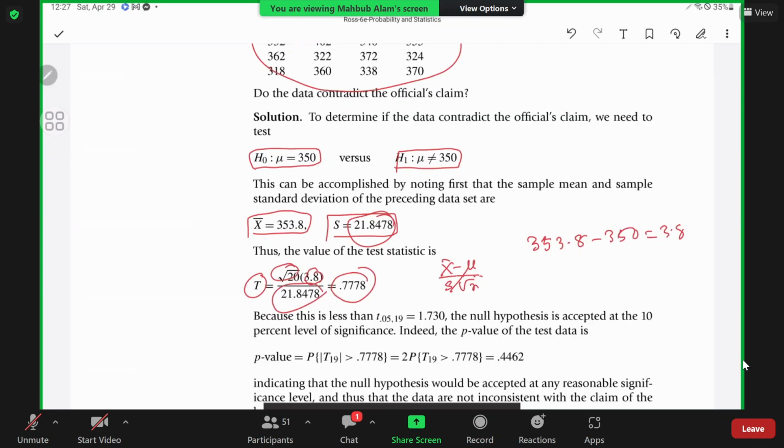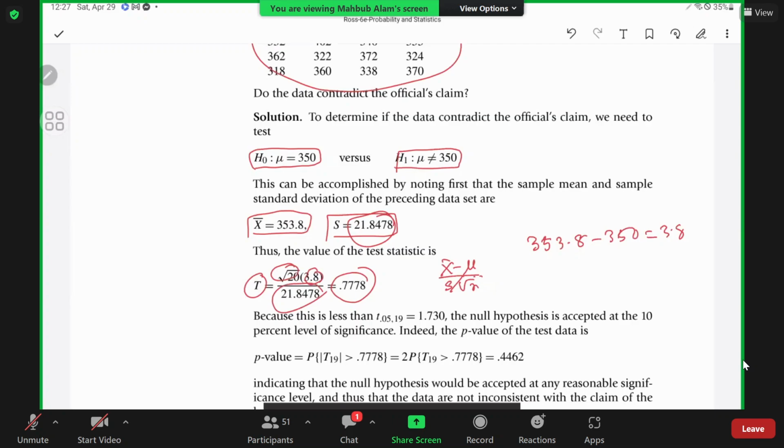Now, for alpha equal to 0.10, the t value is 1.73, which is greater than this one, and so we do not reject the null hypothesis at the 10% level of significance.